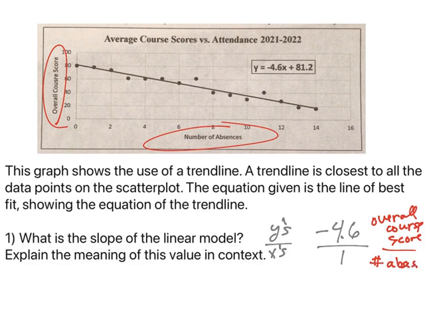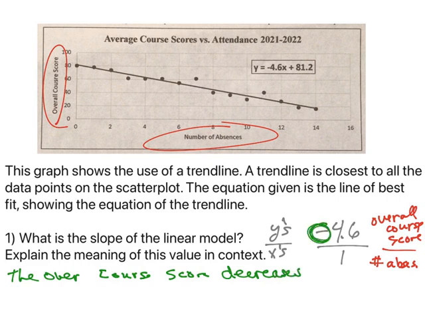So the slope means that the overall course score decreases, I know it's decreased because it's a negative, decreases 4.6 points for every absence. Right, because it's one absence. So for every absence, your overall score goes down. That's based off of this data.